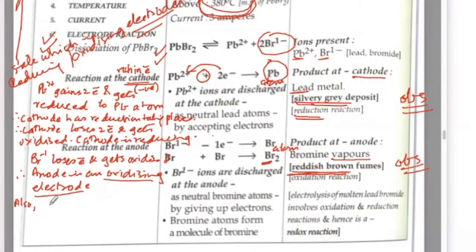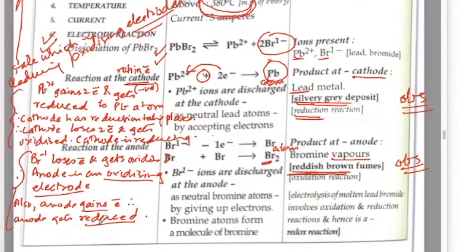Okay. Also, the anode, when it has lost electrons, gains the electrons. Therefore, the anode gains electrons, which means it gets reduced. Okay, so you have to know these things. All tricky, treacherous questions will be asked on this. And then you will write this reaction and this reaction, and you will see that electrons are lost and gained simultaneously.